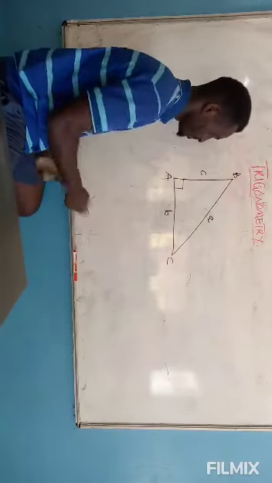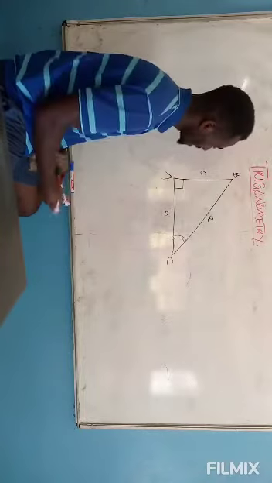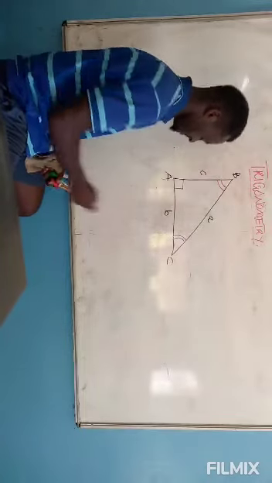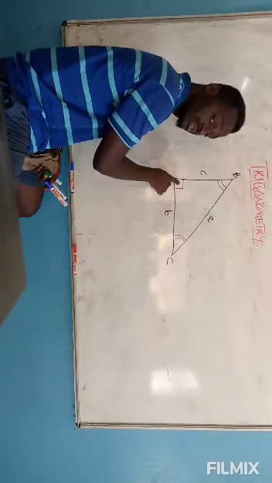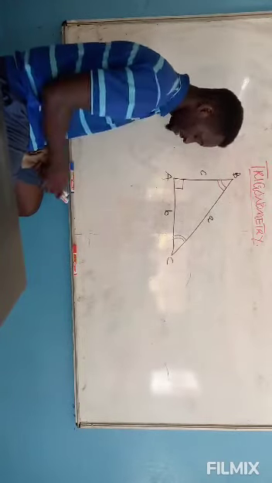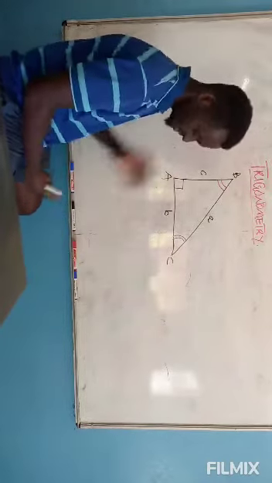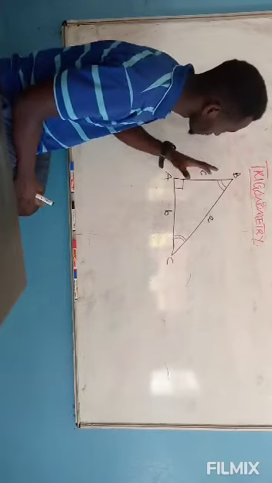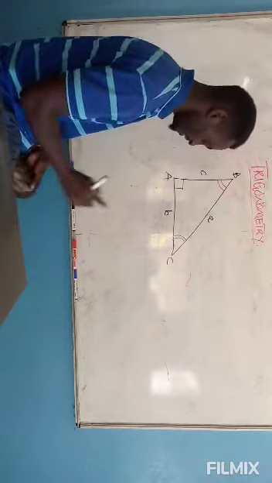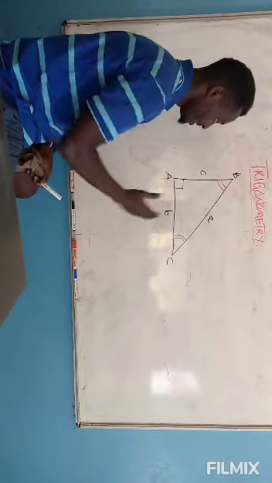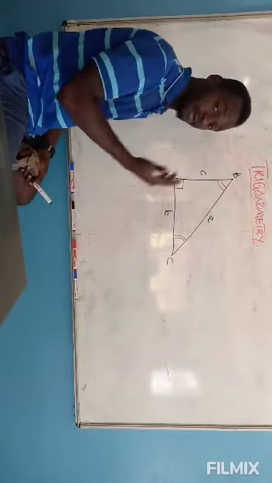So we have this angle here, then I also have this angle here, and of course I have the right angle, which is the 90 degrees. Now I want you to look at this right angle triangle and let's remind ourselves of the concept of the Pythagoras theorem.